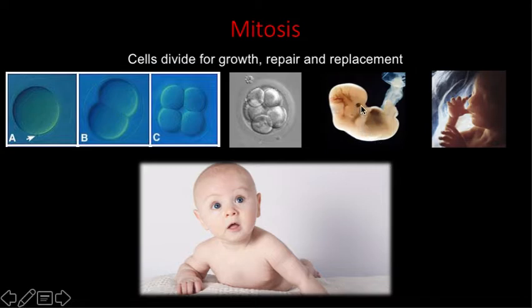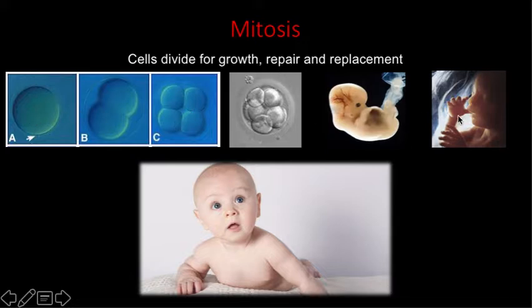Also, the genes to grow eyes, the genes to grow ears, arms and legs are all switched on. And when they are fully developed, some of those genes are switched off. It just depends what your body needs at the time in order to grow and repair itself.